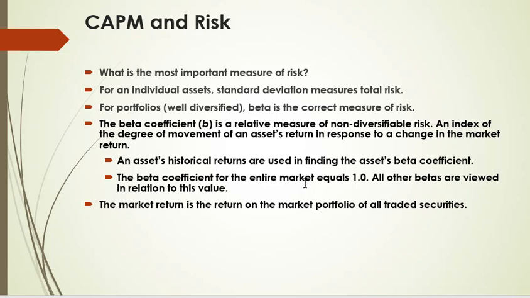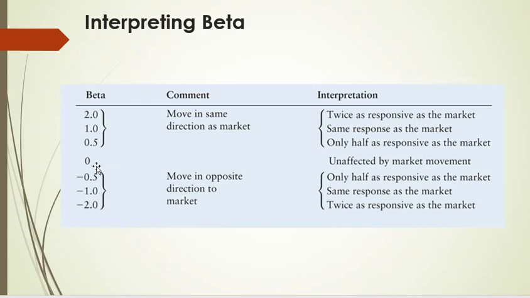Right? So let's think about how we might interpret this. A beta of 0 would mean that the stock is not affected by the stock market. A beta of 1 says that this is the market risk of the market. So a stock that has a beta of 1 would respond the exact same way as the market. But a beta of 2 means that it is twice as responsive, so it's 2 times riskier than the stock market.